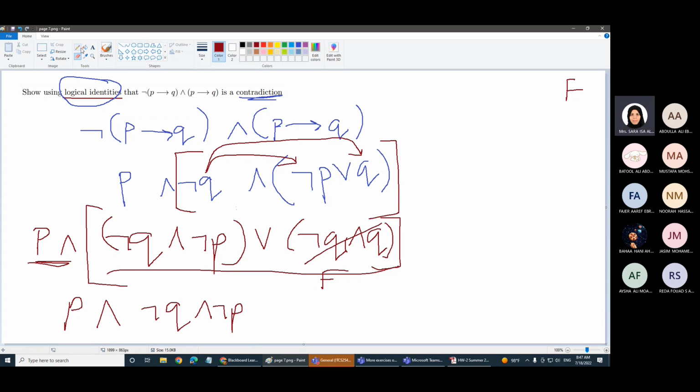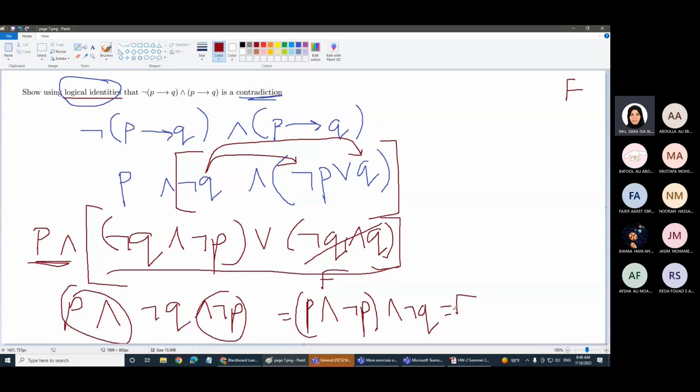Now you can reorder them. This is P and this is not P. So P and not P, I'm just reordering, and not Q. P and not P is false. False and not Q is equal to false. False means it is a contradiction.